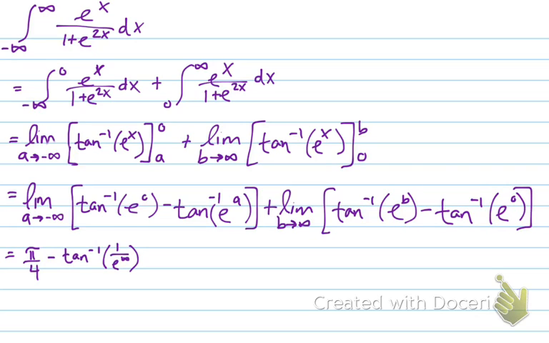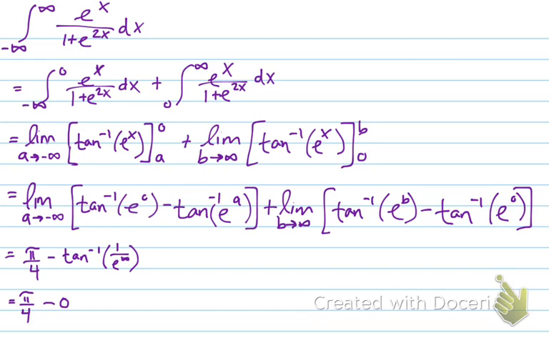E to the infinity power is becoming a huge number, which means that 1 over that huge number is becoming 0. So this piece is actually tangent inverse of 0, which, again, if you look back 2 problems, is equal to 0. So far I have pi over 4 minus 0. I just wanted to make sure we were aware that was 0. So now we're done with this piece, and we're moving on to the second half.